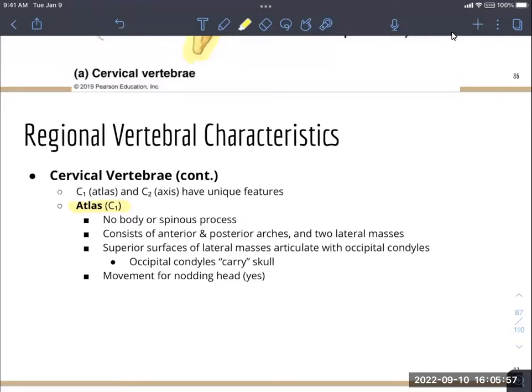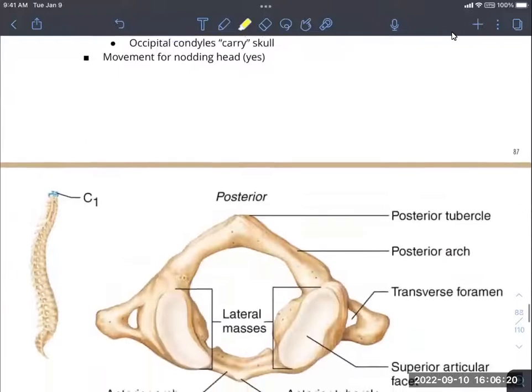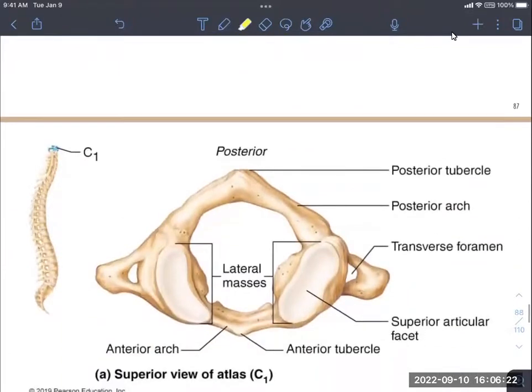That's what somebody told me one day, and it kind of stuck on, okay, that's C1 whenever I see it. So C1 has no body whatsoever. Doesn't really have a spinous process. It is considered to have an anterior and posterior arch, as we can see here.